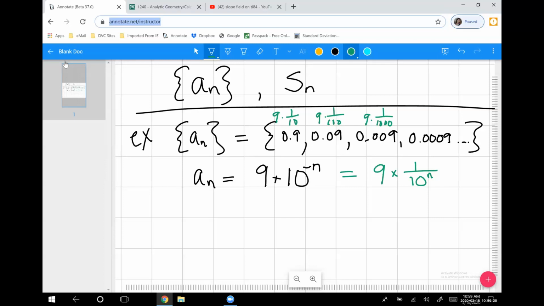So the first number is 9 times 1 over 10 to the first power. The second number is 9 times 1 over 10 to the second power. That means in general, I have 9 times 1 over 10 to the nth power, but to divide by an exponent makes the exponent negative if you write it without a fraction.